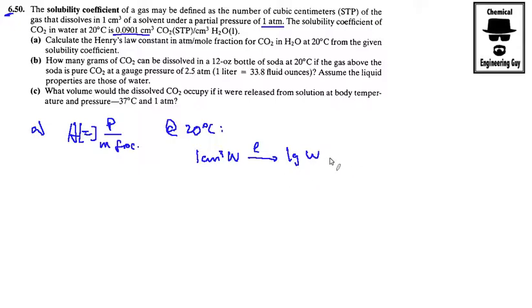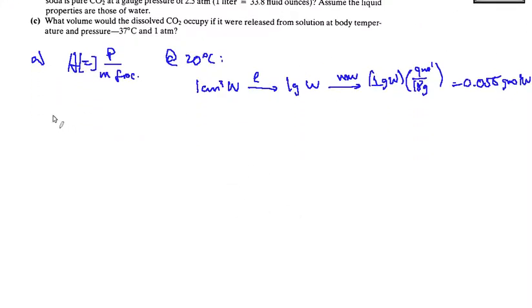And not only that, I'm going to turn it to moles by molecular weight, which is 1 gram of water divided by 18 grams per gram mole. So I got this number, 0.055 gram mole of water. Good, I have moles. What I want to do is first find the mole fraction of CO2 and then put it here, put the pressure here, and I get the Henry constant.